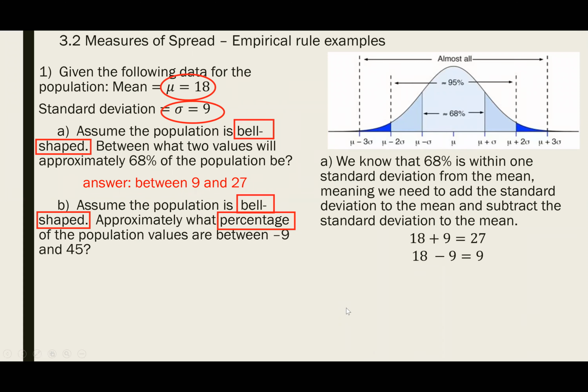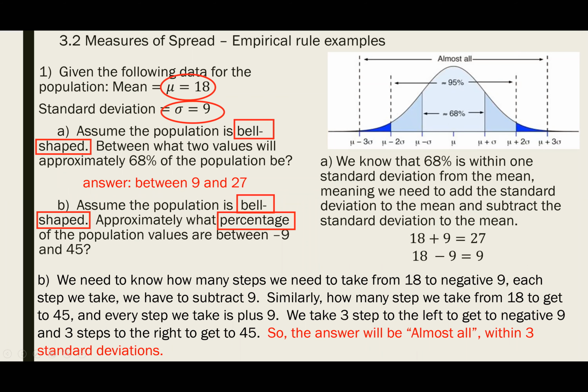But this is what I say: in order for me to get from 18 to 45, how many steps do I need to take? Or to get to -9, how many steps do I need to take?